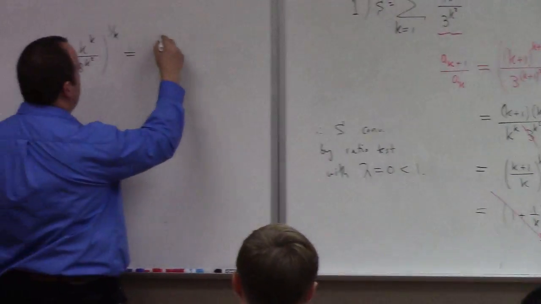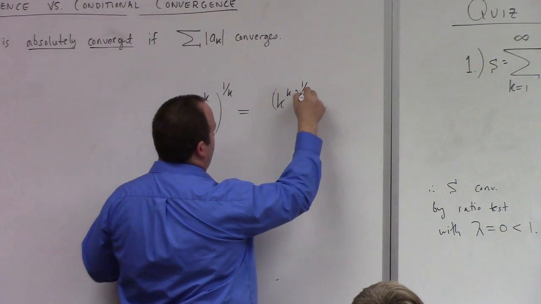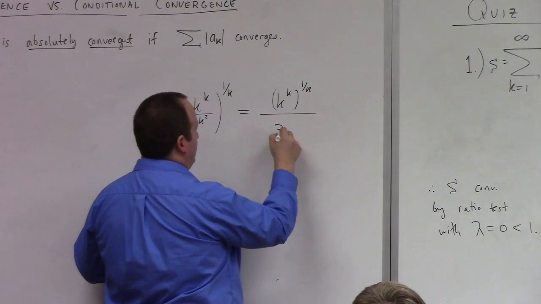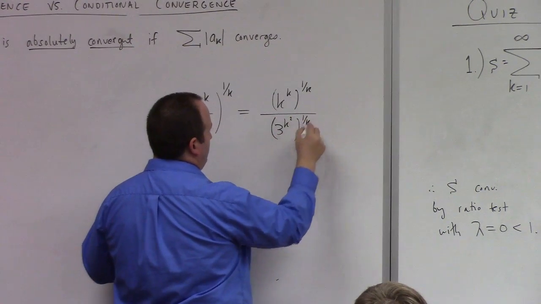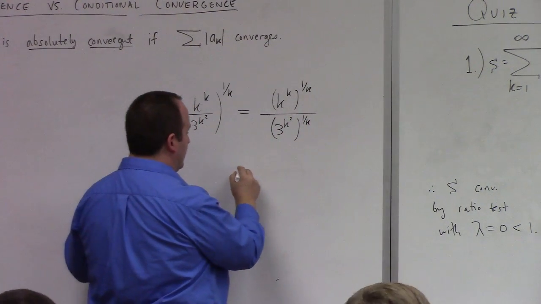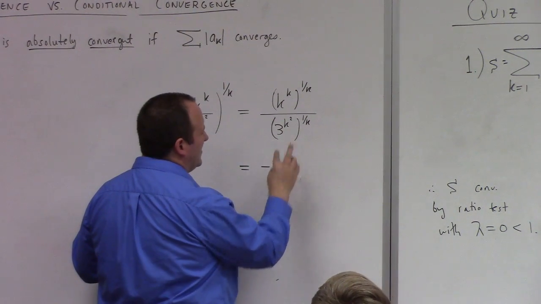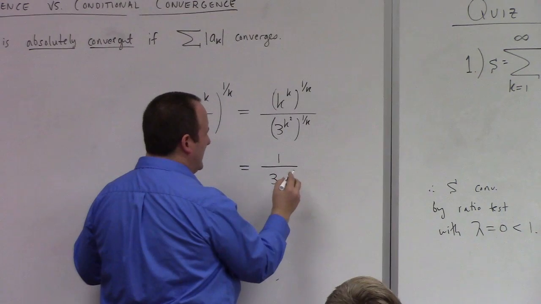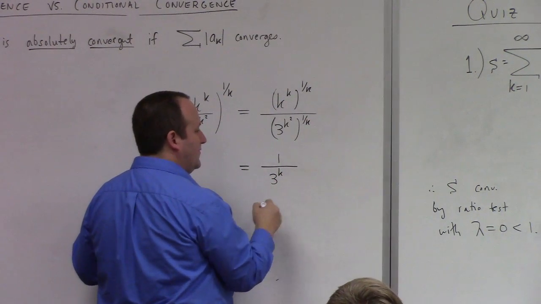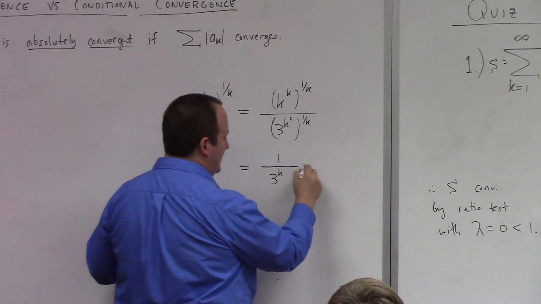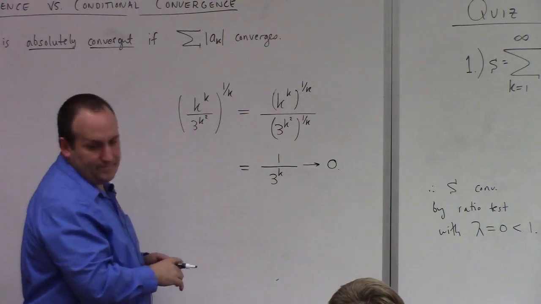So this is k to the k to the 1 over k upstairs divided by 3 to the k squared to the 1 over k. Ooh, I think I like your solution better. And this is 1 over, by laws of exponents, 3 to the k. You might make me start to believe in the root test. I like that. That's better.